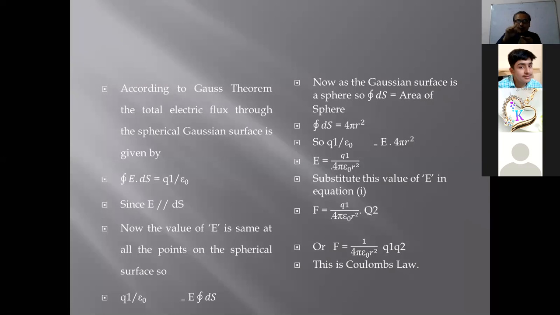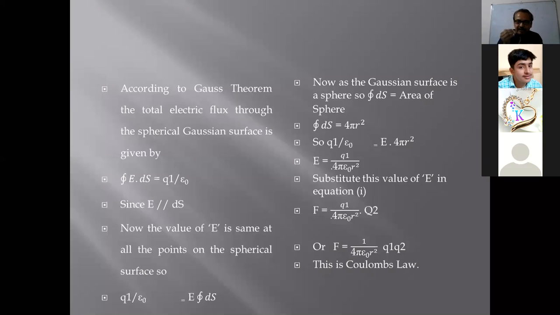Now, what is the force? In our previous formula we wrote force is equal to Q2 into E. You have found the value of E. What was the value of force written in the last equation? F was equal to Q2 into E. The value of E you have just found is Q1 by 4 pi epsilon naught r square.